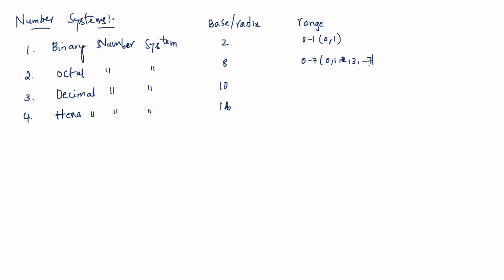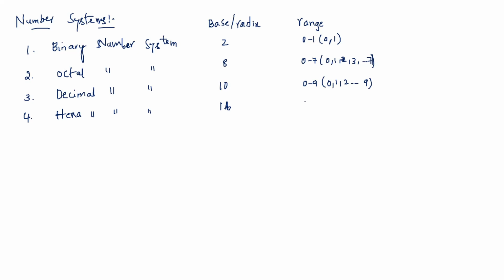Okay, so this is the octal number system. And then decimal is 0 to 9. So we have 0, 1, 2 and so on, up to 9 values. Do not cross this 9 in the decimal number system. Here in octal, it does not cross 7.